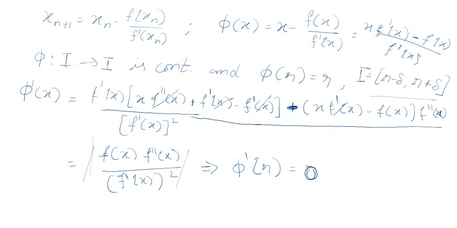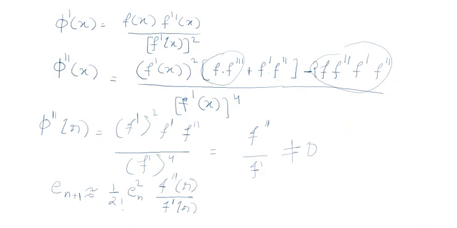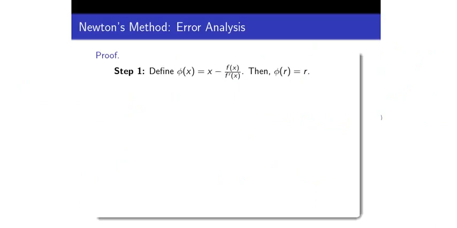Okay, so just now we have seen that, so this will imply the Picard fixed point theorem tells you this. So let's assume here, define phi of x, then phi of r is r.